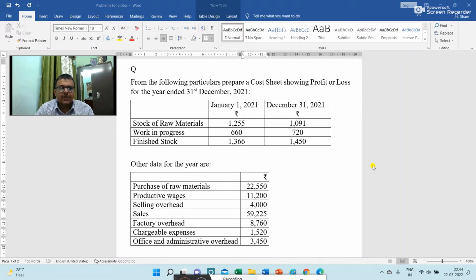Other data for the year are purchase of raw materials 22,550, productive wages 11,200, selling overhead 4,000, sales 59,225, factory overhead 8,760, chargeable expenses 1,520, office and administrative overhead 3,450.